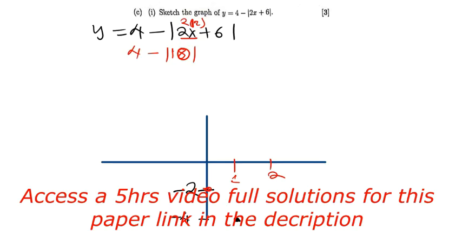And then if you try to go the other side, try negative 1. If you try negative 1, two multiplied by negative 1 plus 6, so that's going to be 4 minus, that's going to be minus what?